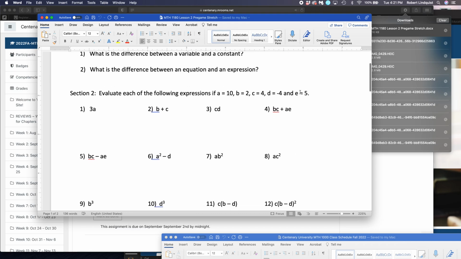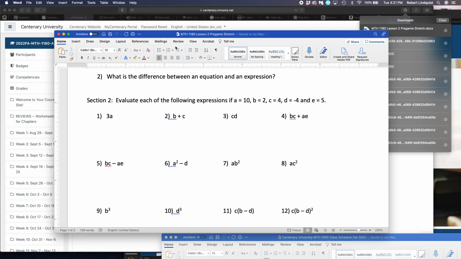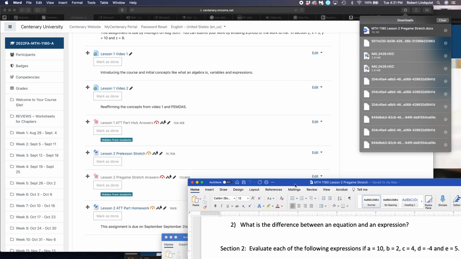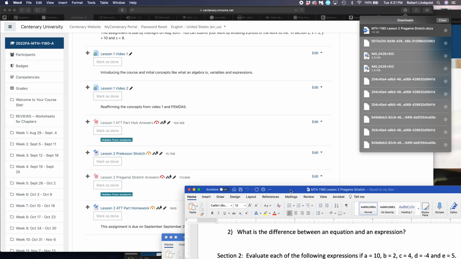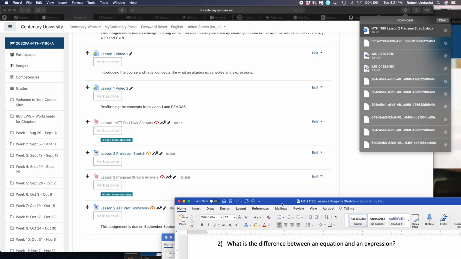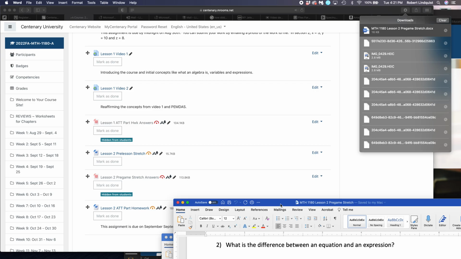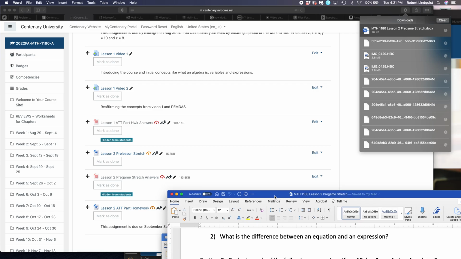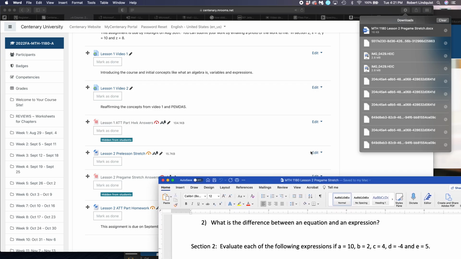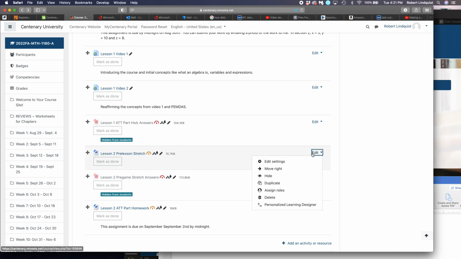Don't forget, here's the values listed, A, B, C, D, and E. And if you go on Moodle, I believe it tells you the values for X, Y, and Z. If not, I'm going to actually edit that right now. Edit settings.